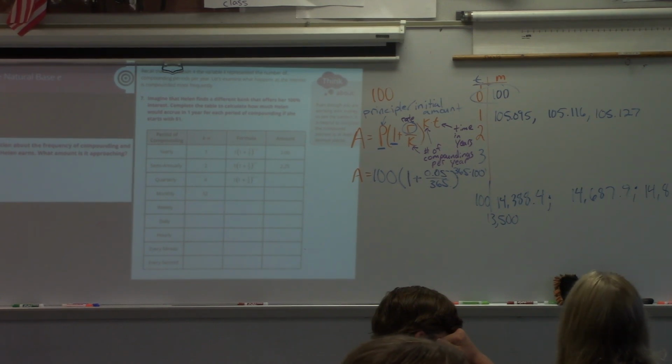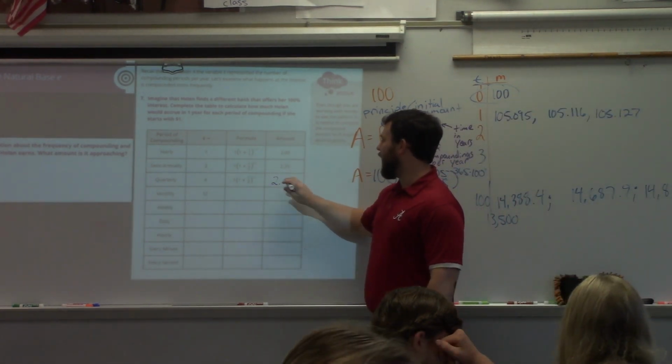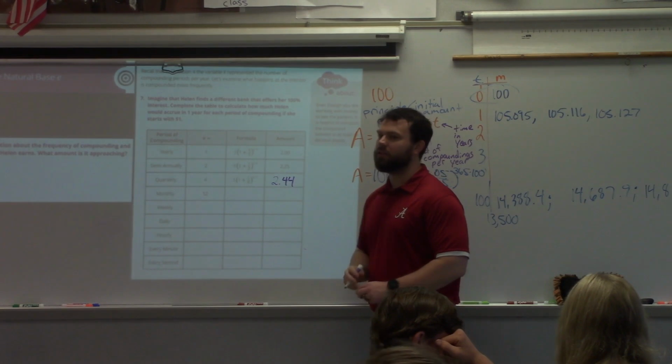What'd you get? 2.44. Hit Control Enter to get the decimal. 2 point what? 2.44. And guys, we can end it at the hundredths because we are talking about dollars.